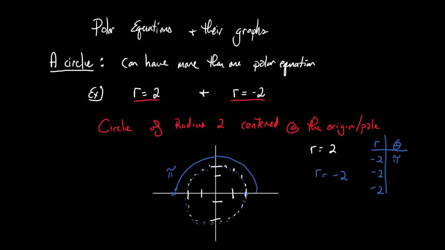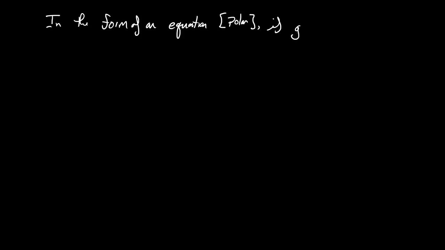So now let's go ahead and try some more examples. Let's see what happens if we're just given a value of theta in the form of an equation, and this is going to be a polar equation, given a value of theta with no value of r.